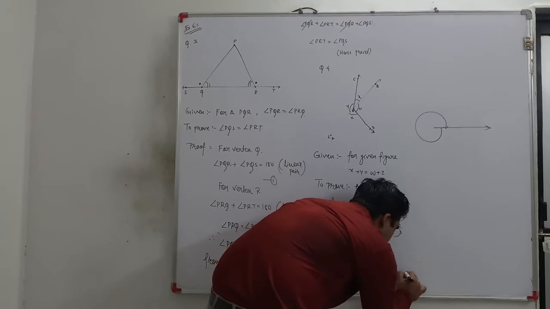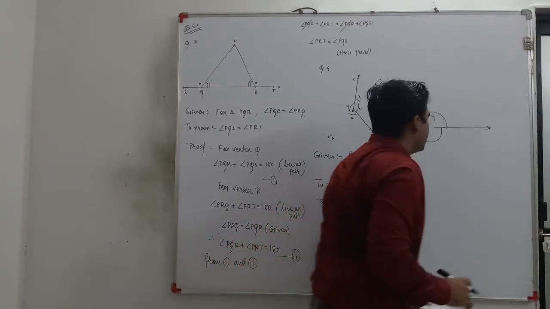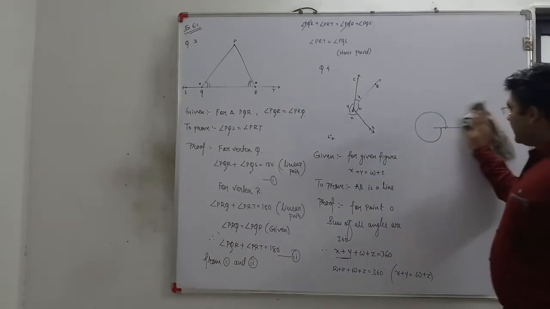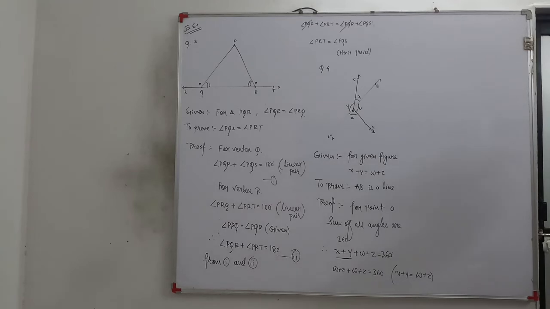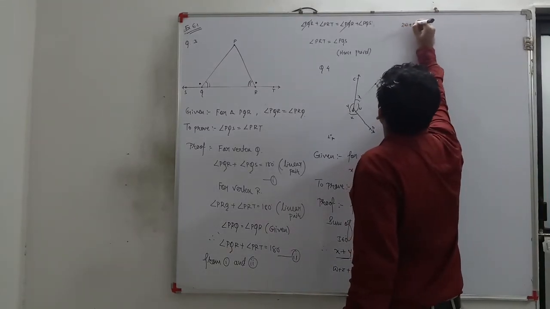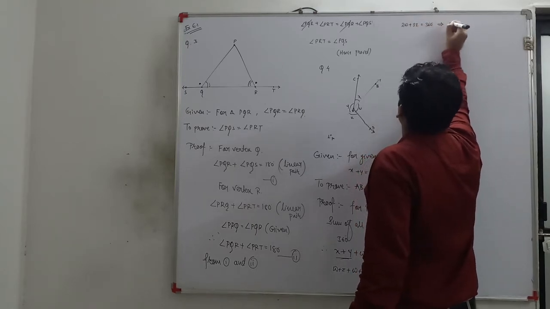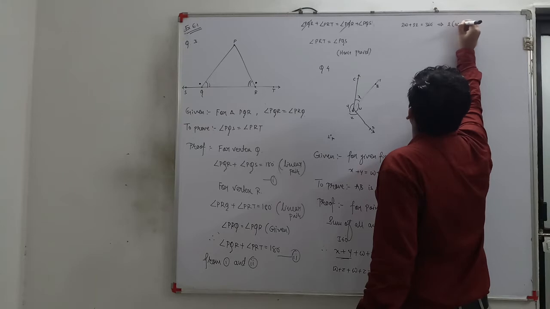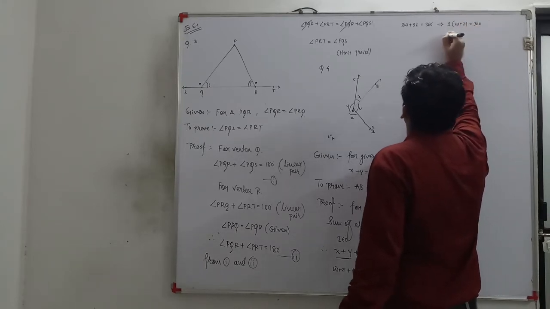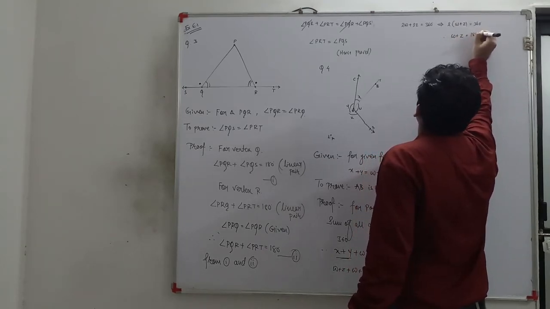It is given that X plus Y is equal to W plus Z, so W plus W is 2W, plus 2Z is equal to 360 degrees. Therefore 2 into (W plus Z) is equal to 360 degrees. Therefore W plus Z is equal to 180 degrees.